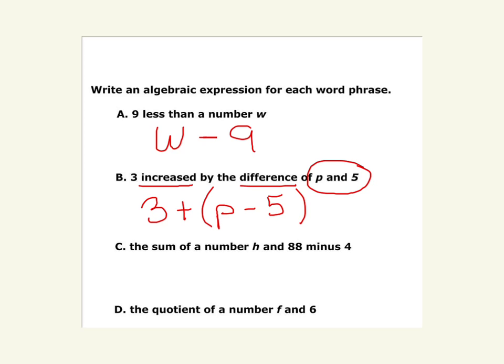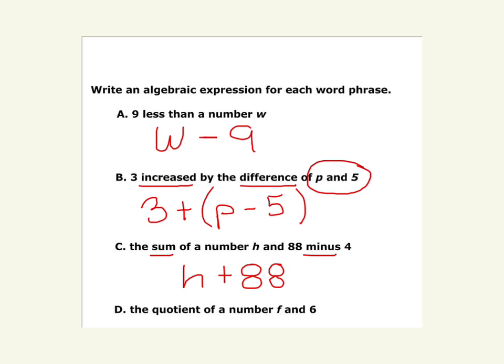Alright, our next example says the sum of a number h and 88 minus 4. Again, I notice my keywords here: I have sum, and I also have minus. So right off the bat, I know that I'm going to have a plus and a minus in here. I just need to figure out the order. The sum of a number h and 88, we add those 2 together, so h plus 88.